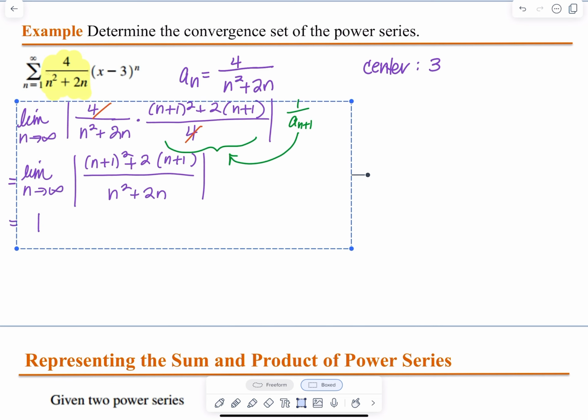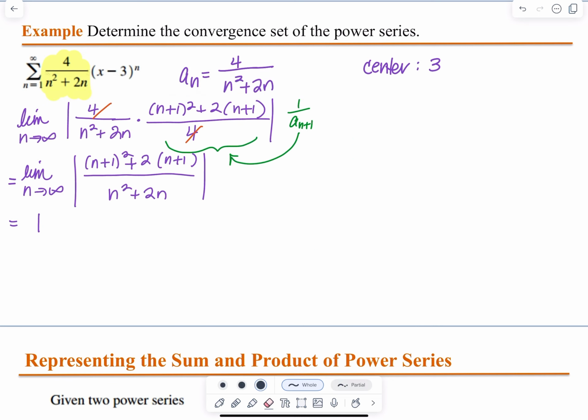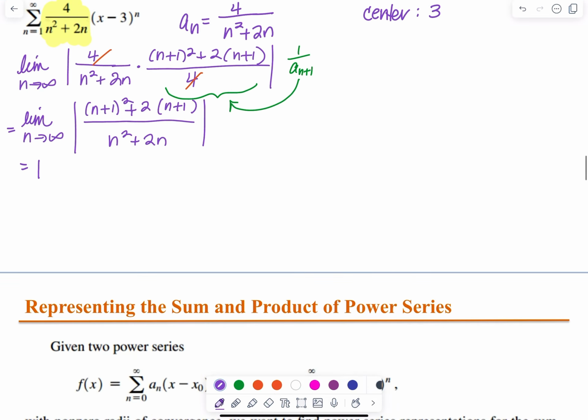So basically what we have now is that we will converge absolutely when the absolute value of x minus 3 is less than 1.